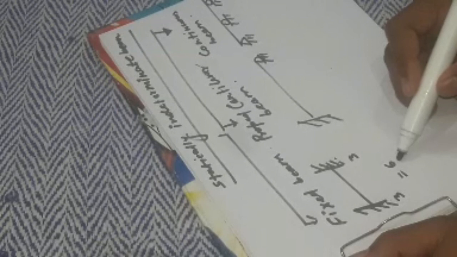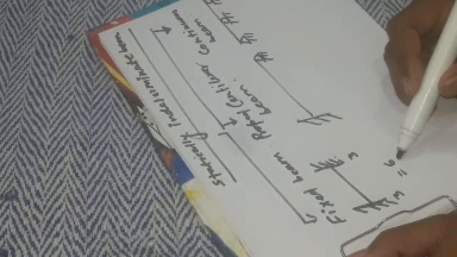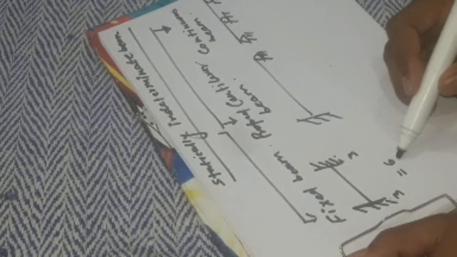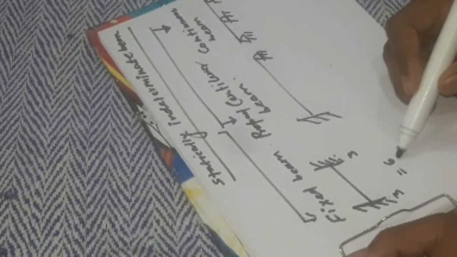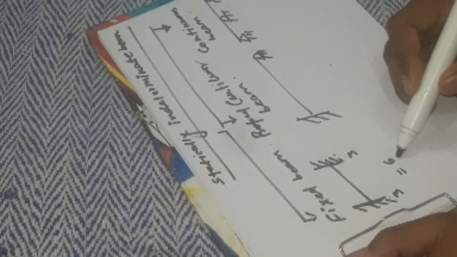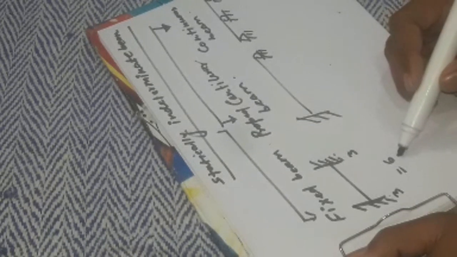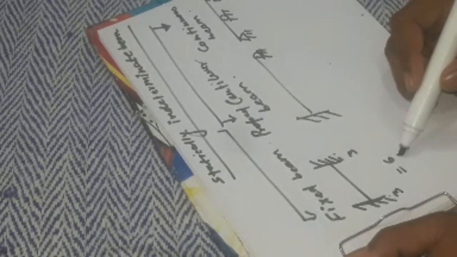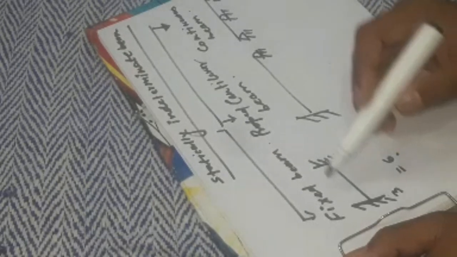But in case of a statically indeterminate beam, there are 2 fixed supports. So 3 unknowns are here and 3 unknowns are here. The total number of unknowns is 6, which is greater than 3, and the static equations we have are 3. Static equations can be used for solving 3 unknowns, but here unknowns are 6, so they cannot be used for fixed beam.